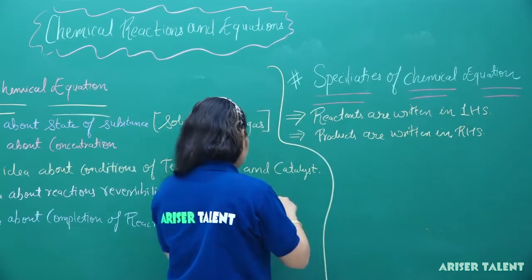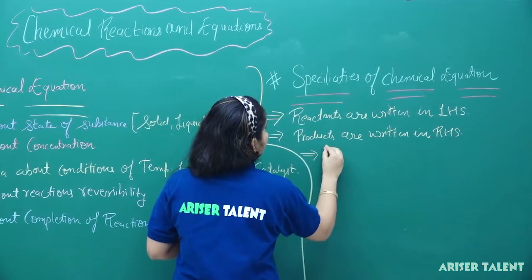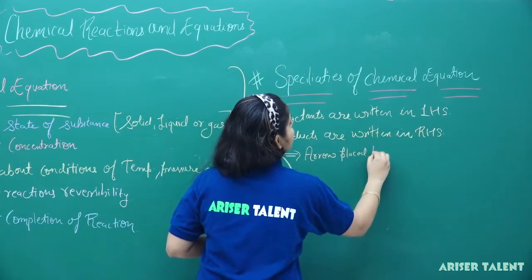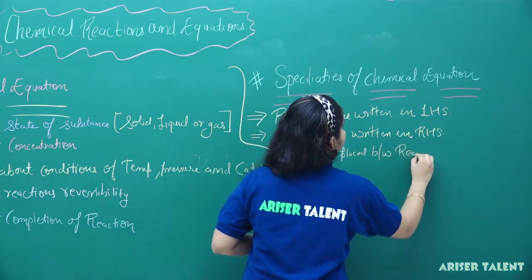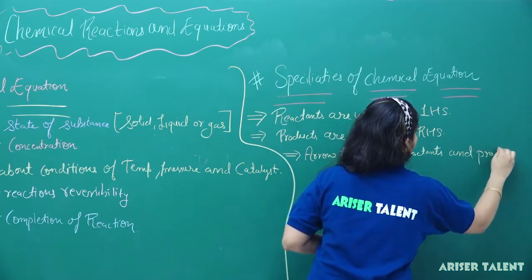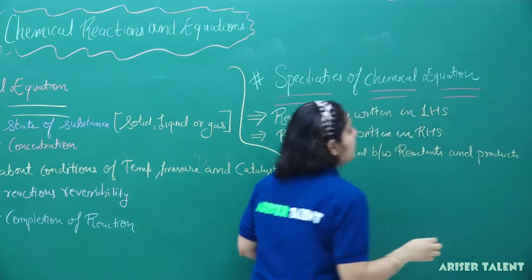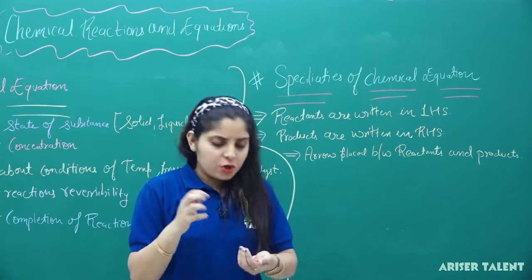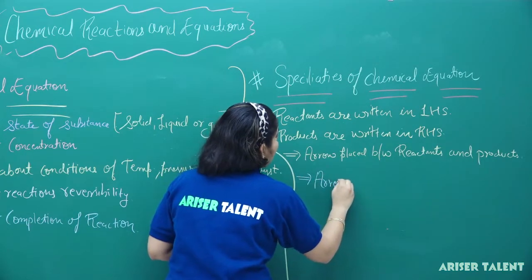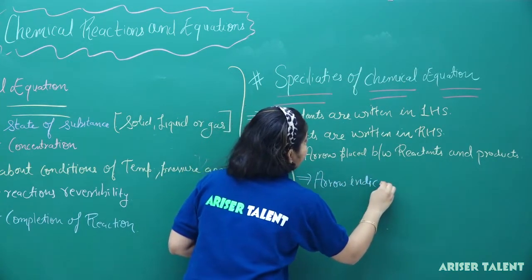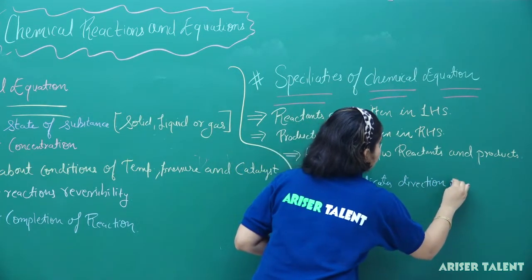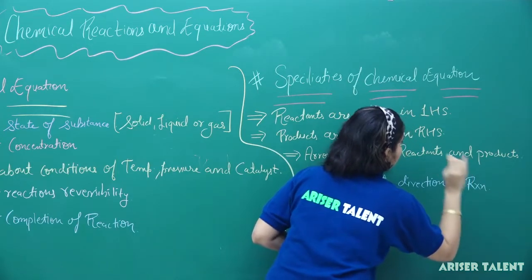So, the third point is arrow placed between reactants and products, and the head of the arrow indicates the direction of reaction.